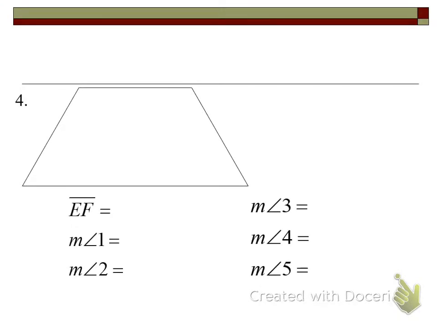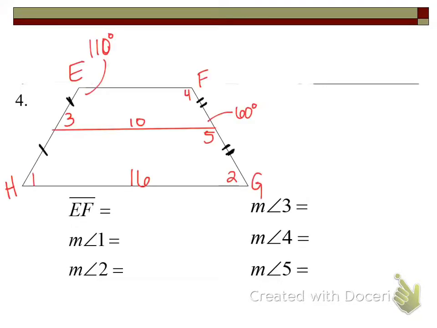Then let's talk about example 4. Is this an isosceles trapezoid? No. How do we know it's not an isosceles trapezoid? Okay, good.